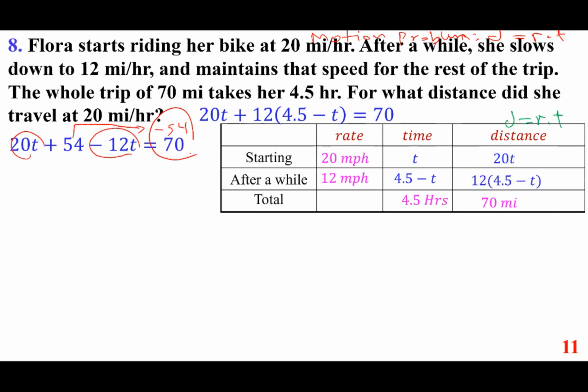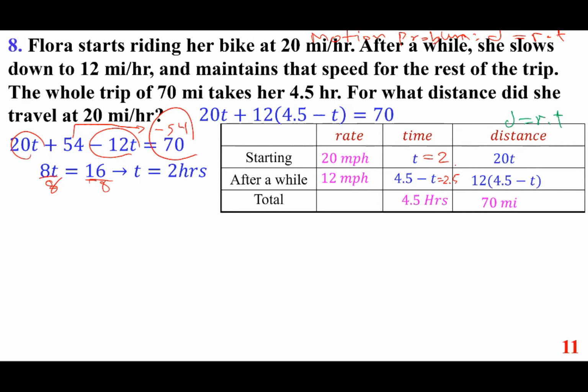Subtract 54. We get 16. Divide by 8, we get T equals 2 hours. So that means this was 2, and if this is 2, that means this must be 2.5 hours.